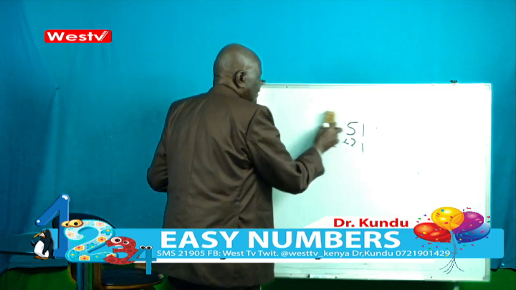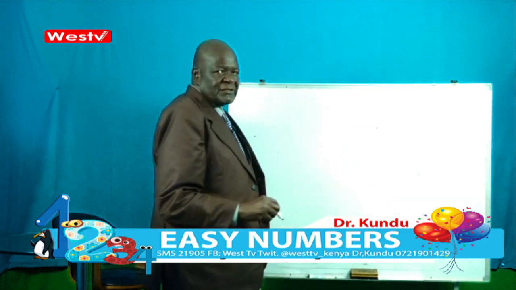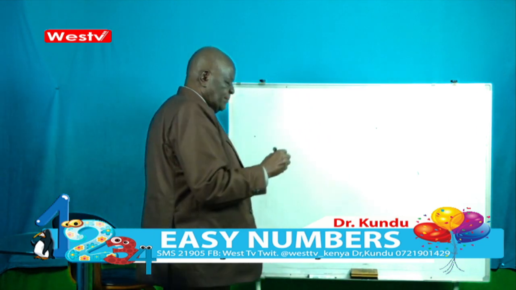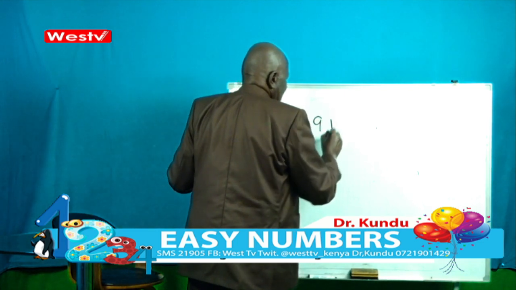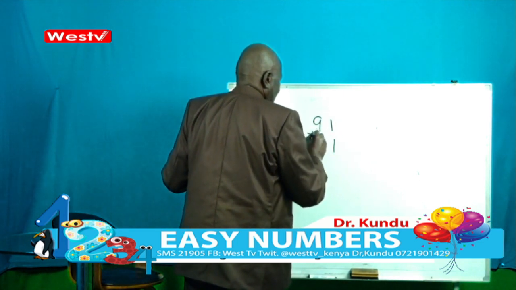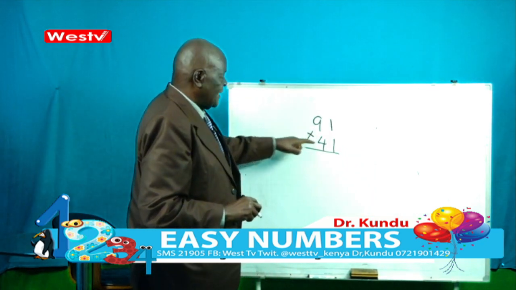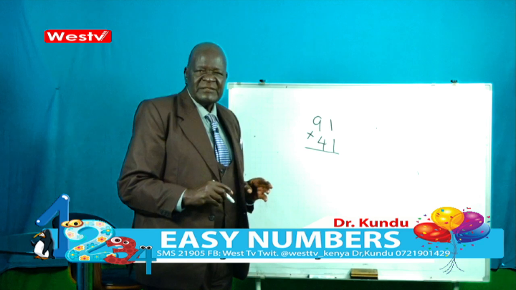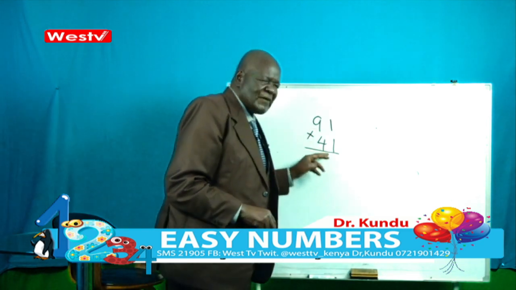Now, the only thing I want to tell you here is that sometimes the addition gives 2 digits. For example, 91 multiplied by 41. You see, when you add 9 plus 4, it will be 13, 2 digits. So you always first check the addition.